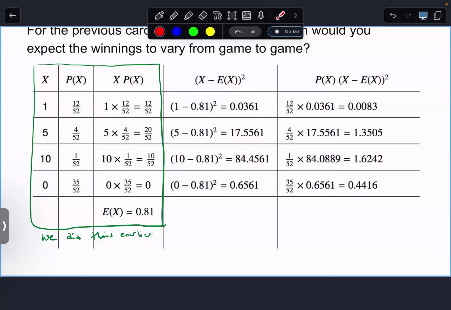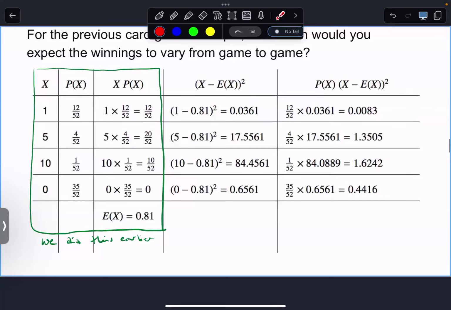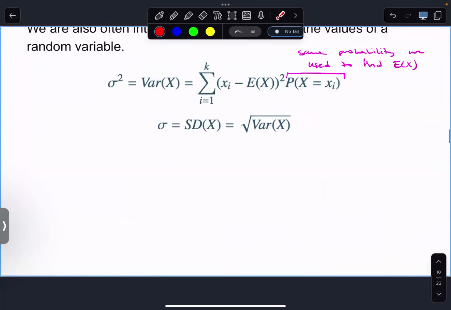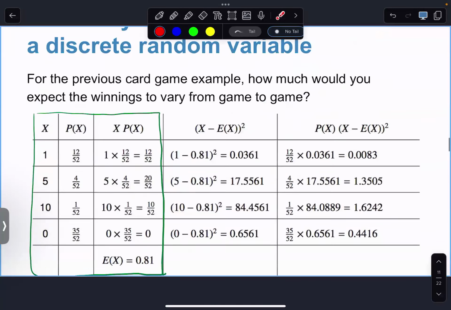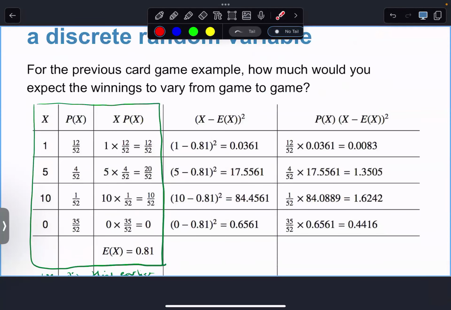And then we can multiply in our formula. We have the probability on this side, but A times B is the same thing as B times A, right? And so now we take the probability that we had here. Notice that this is the same thing that we had here.